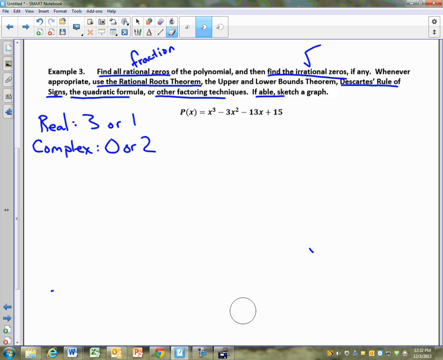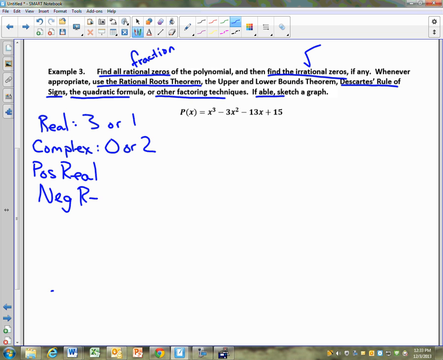All right, let's talk about the other part now. This is what we learned yesterday. Let's talk about those real solutions, the positive real and the negative real. For the positive real solutions, we look at the polynomial p of x and we look at the sign changes.